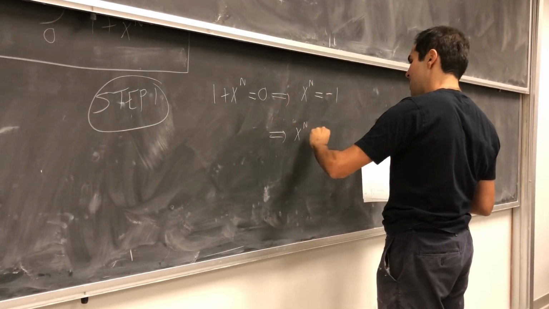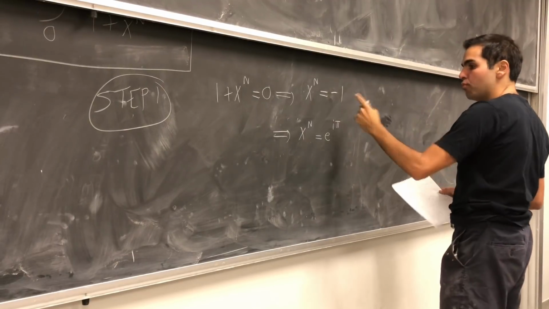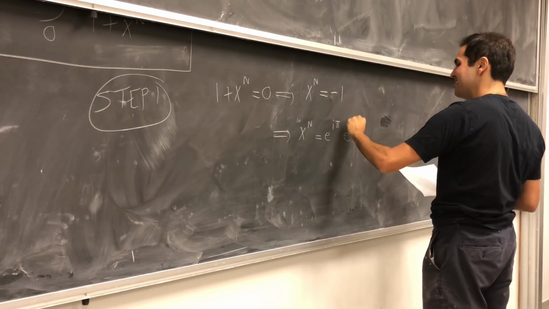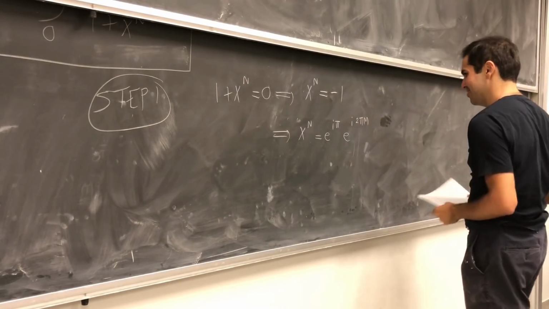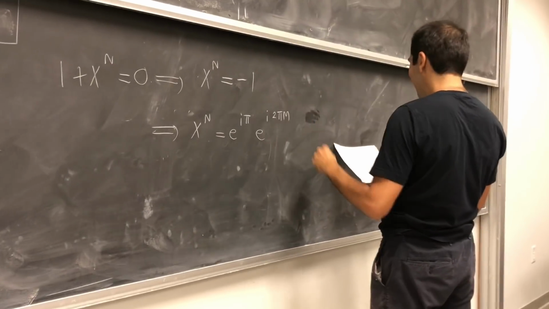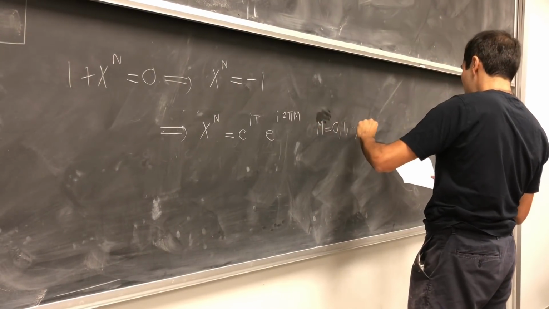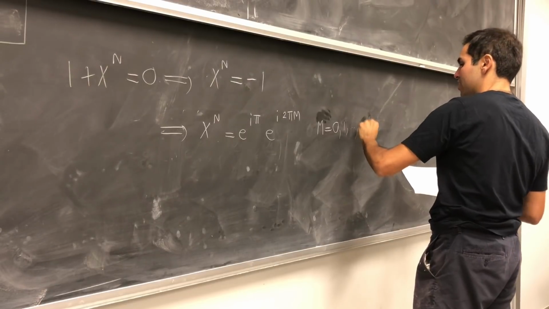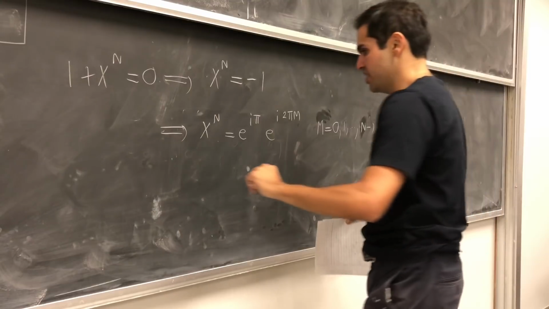So x to the n is e to the i pi times 1, which is e to the i 2 pi m, with m from 0 all the way up to n minus 1, because after that we just have a repetition.